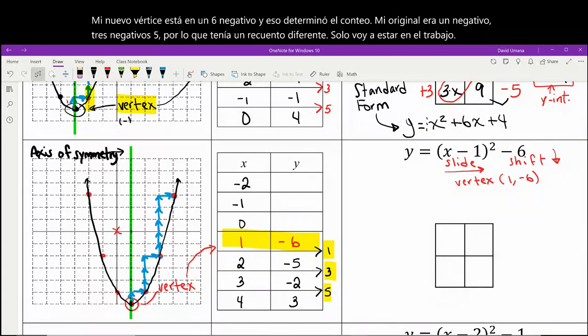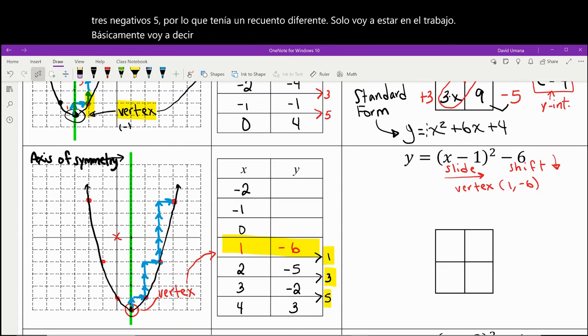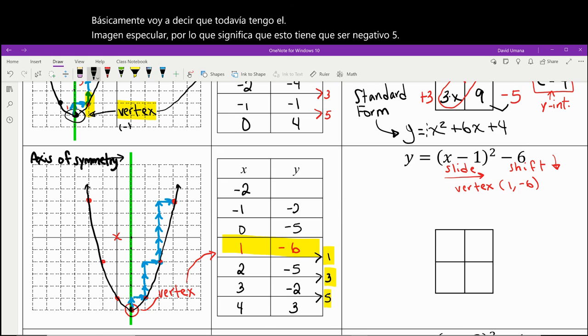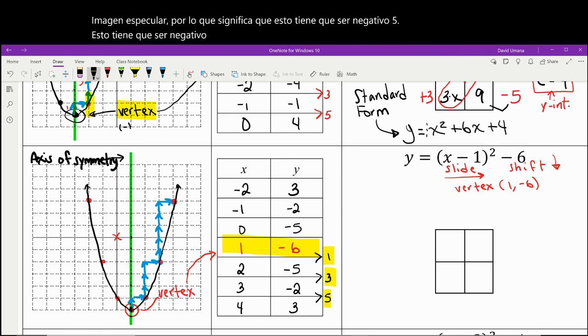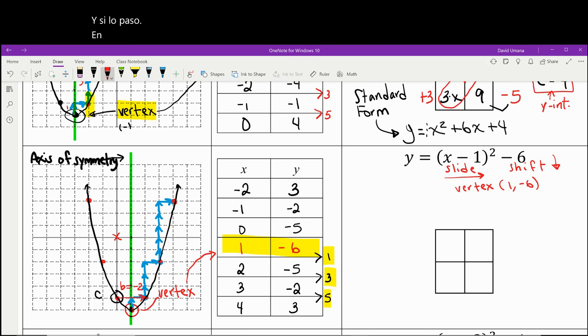I'm going to basically say that I still have the mirror image. So that means this has to be -5. This has to be -2. And this is still 3. Okay. Now, much the same way as before, from this position, this is C. And if I go across, this is B at -2, the opposite slide.